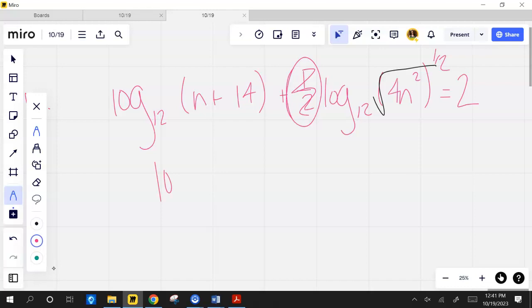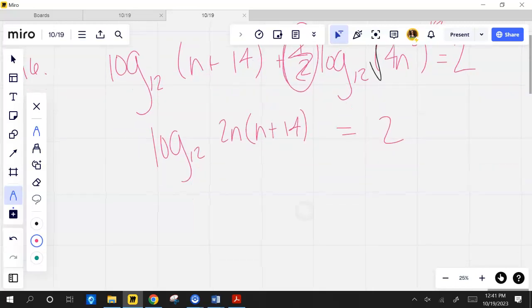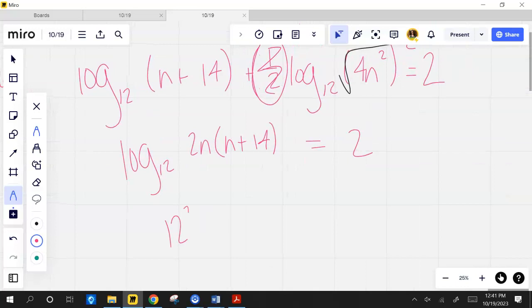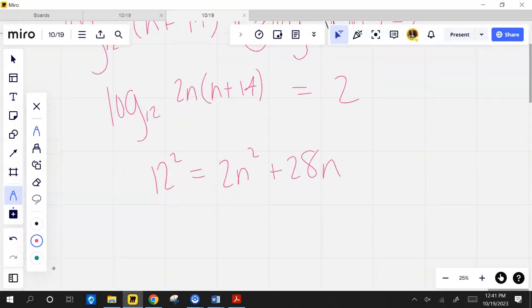So what I can do is log base 12 of 2n times n plus 14. 12 squared equals 2n squared plus 28n. 2n squared plus 28n minus 144.